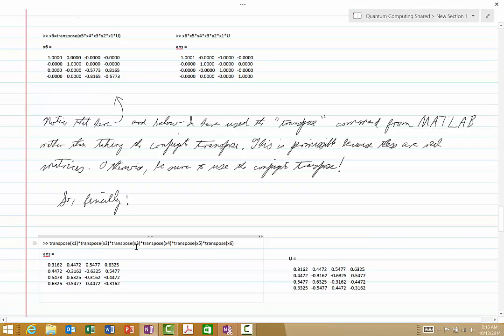And if we multiply those together, we get this matrix, which we see does indeed match the matrix U that we started with. So this is the procedure for writing an arbitrary unitary matrix in terms of 2-level unitary matrices.